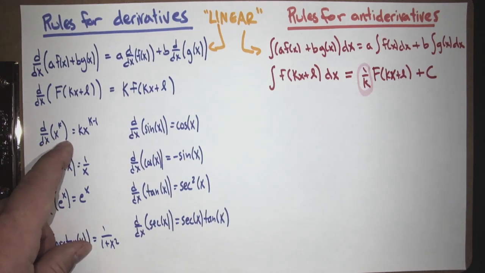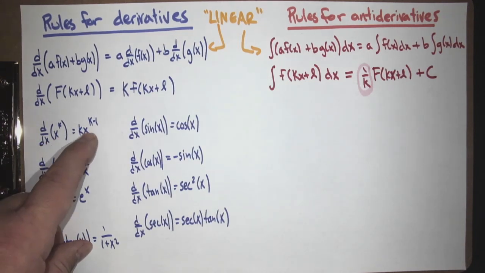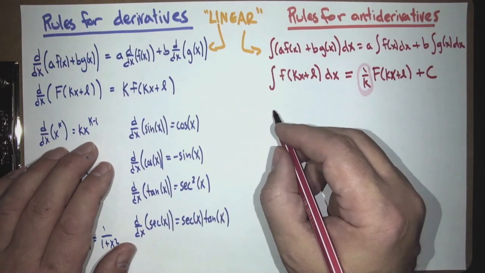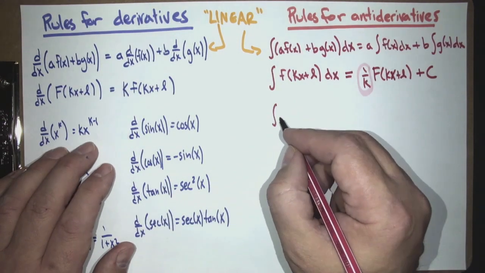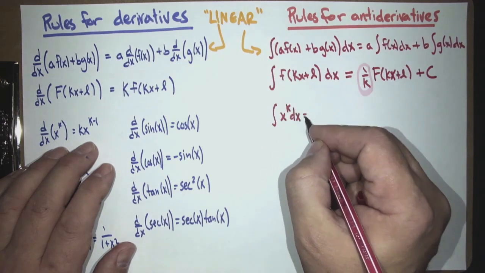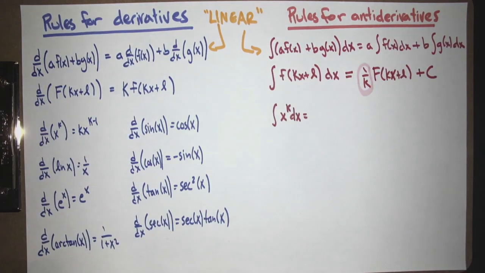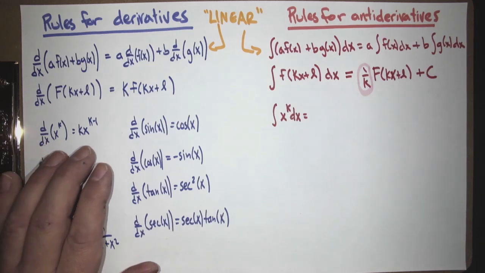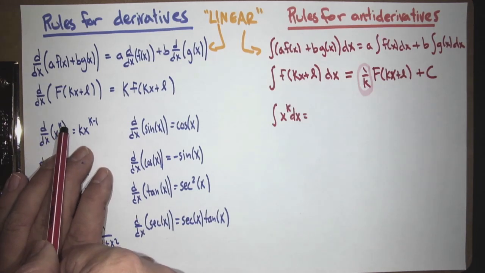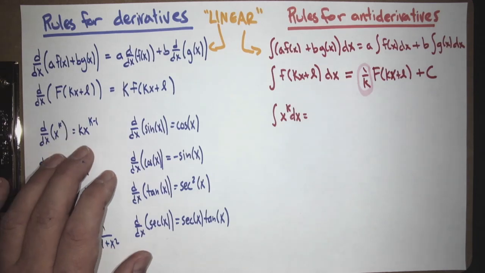The derivative of x to the k is kx to the k minus 1. Based on that, what is the integral of x to the power k? Just think, here you subtracted 1. What's the opposite of subtracting 1?